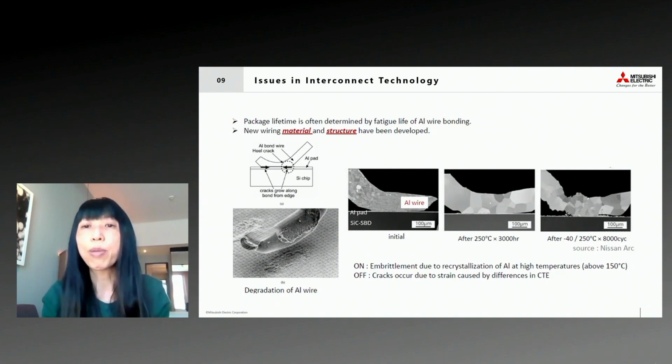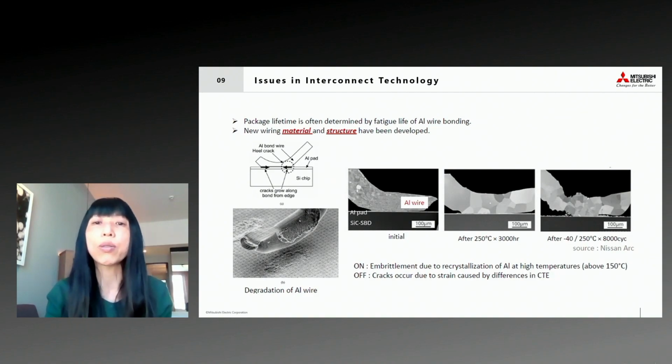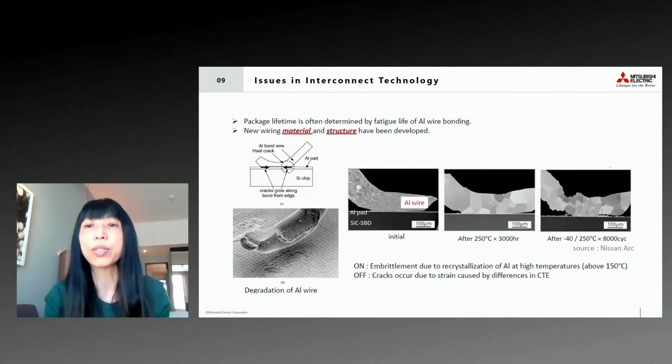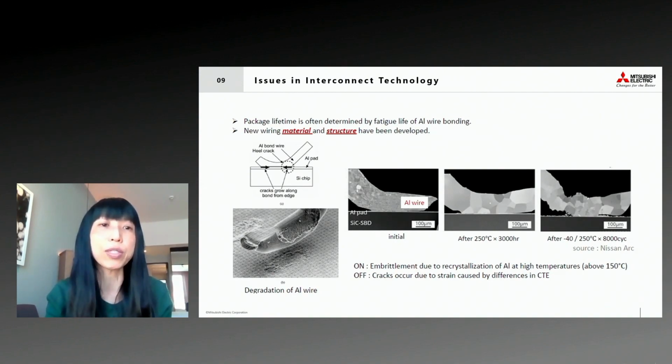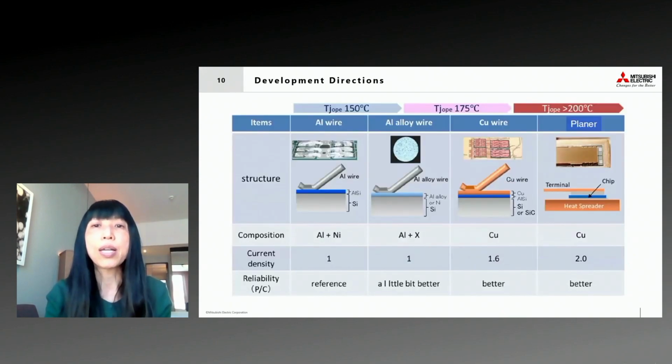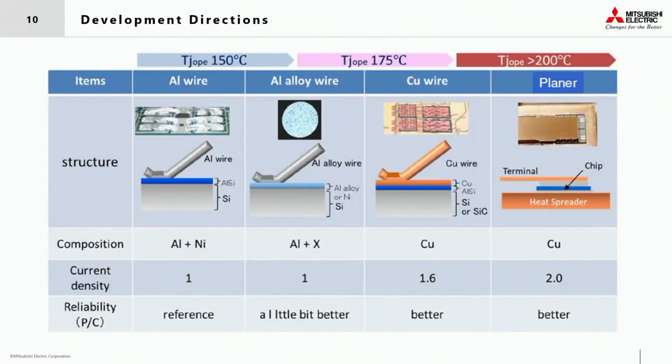In addition, because of the larger temperature difference between on and off, the thermal stress is also greater. This significantly shortens the life of the wire bond itself. As countermeasures, new wire materials and new structures are being considered.